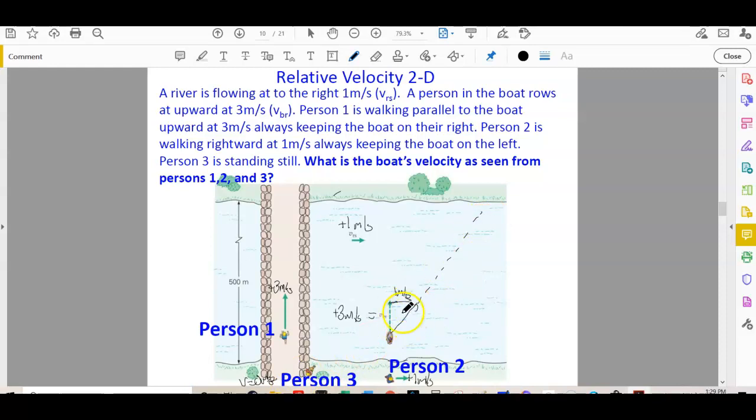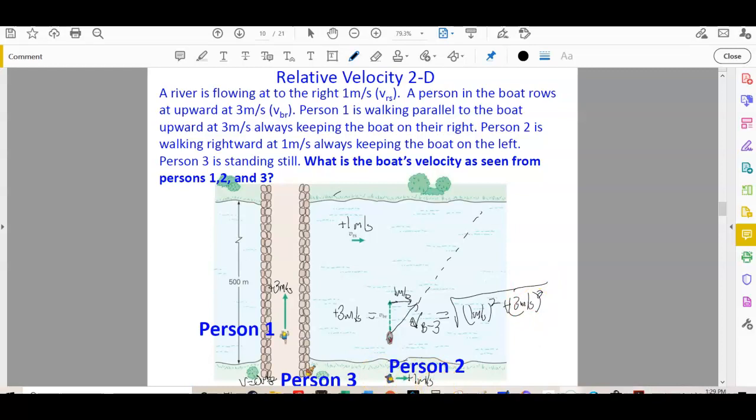And so they're going to see this overall speed to be equal to, well, this is the hypotenuse in this case, so this is going to be c. This is the overall speed of the boat relative to person number 3, and that would be the square root of 1 meter per second squared plus 3 meters per second squared, right?